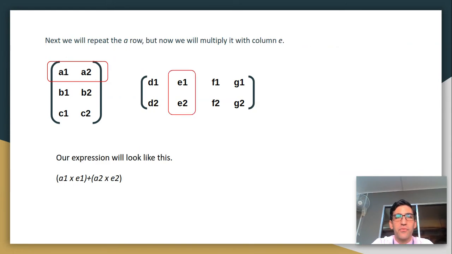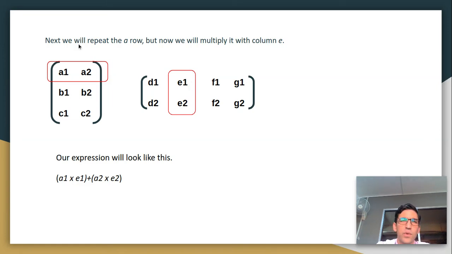Next, we will do it for each subsequent column with the same row. And this will give us our new matrix. It has the row value of our first one. So all of these are going to be put into row number 1 in our new matrix. And this will be for column 1, this will be for column 2, this will be for column 3, this will be for column 4. You'll see it in just a moment.